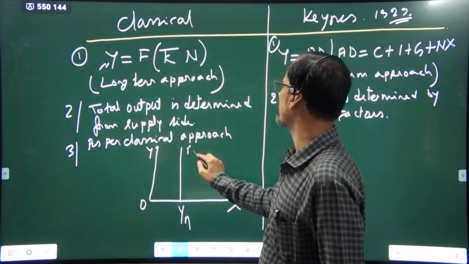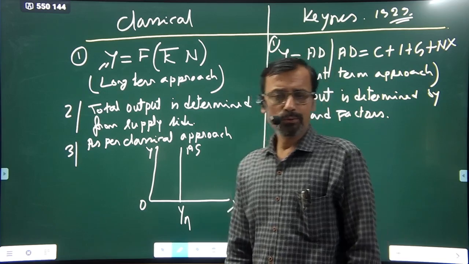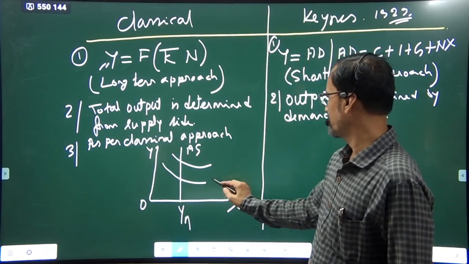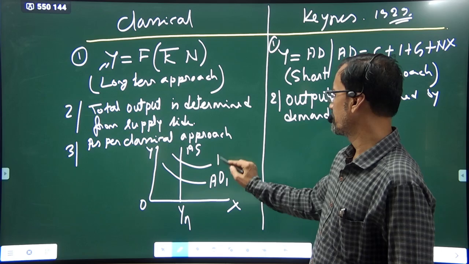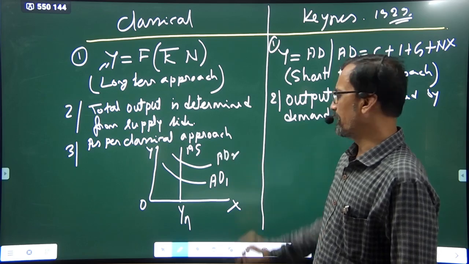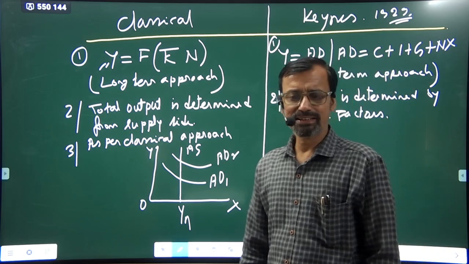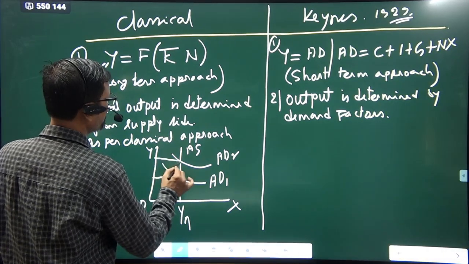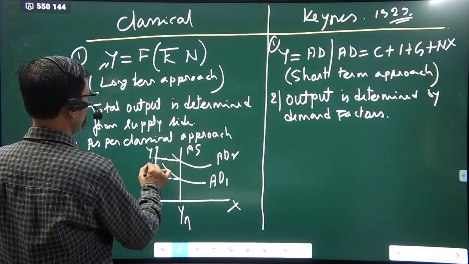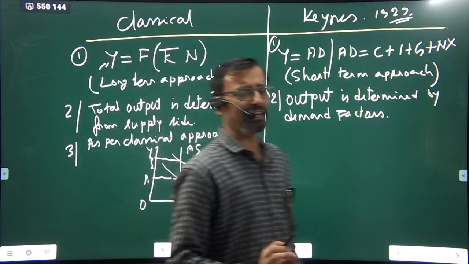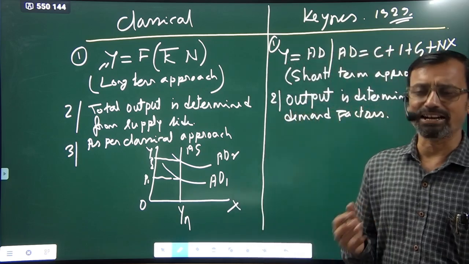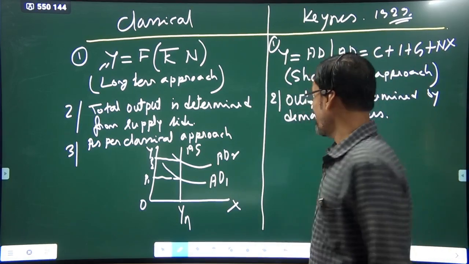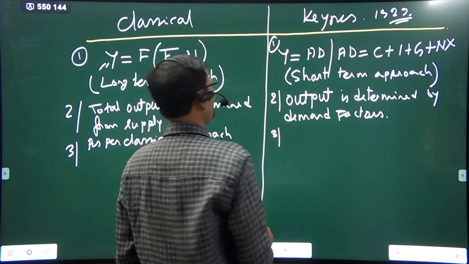This is aggregate supply. Now, what is the function of aggregate demand then? Say these are aggregate demand. When aggregate demand increases, it only increases the prices. So, due to the increase in aggregate demand, the price might rise. Price can increase.